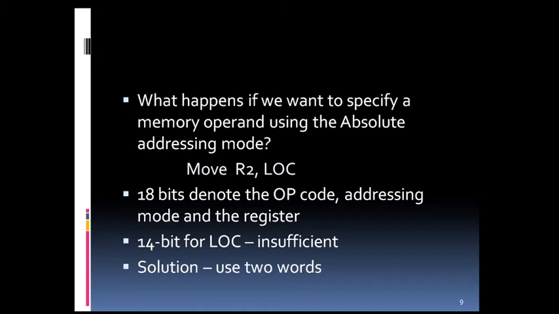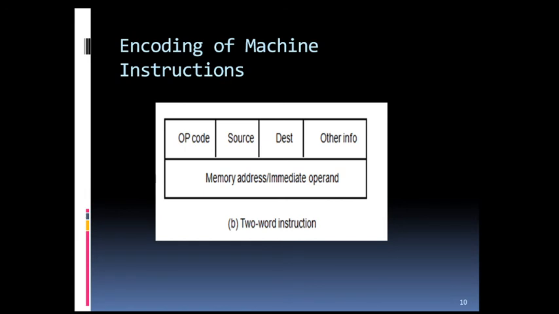So if we want to give a complete 32-bit address in the instruction, the only solution is to include a second word as part of this instruction, which can contain the required memory address. This suitable form is shown in the second figure B, that is a two word instruction.